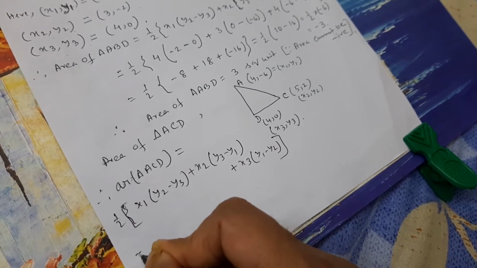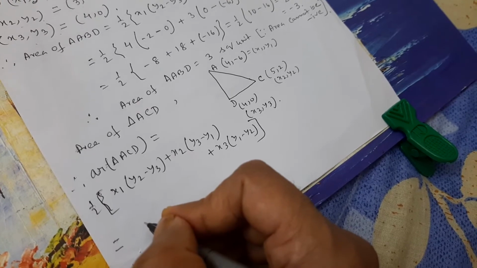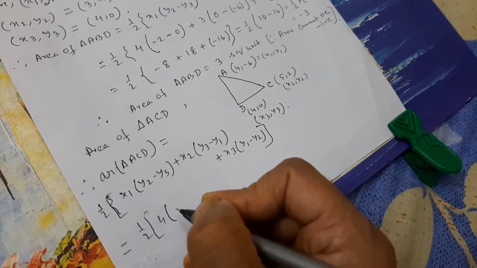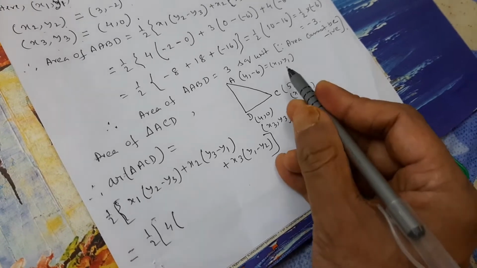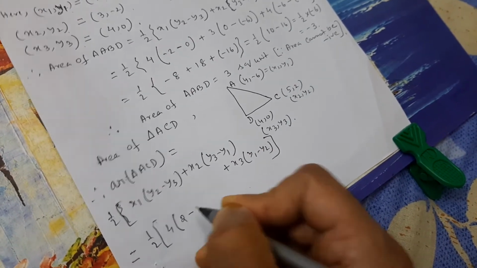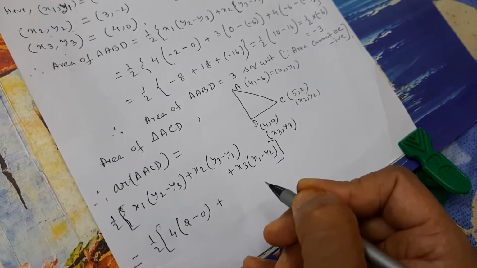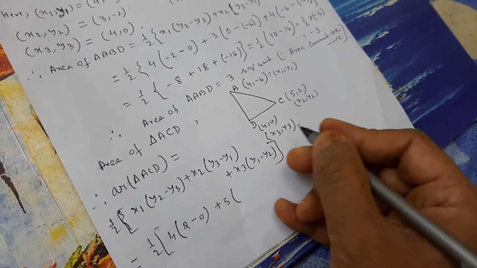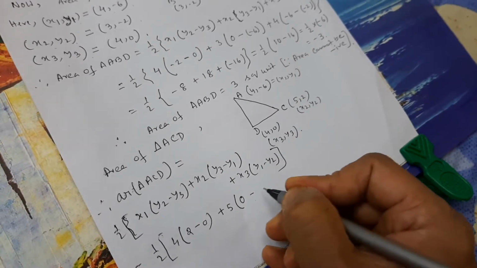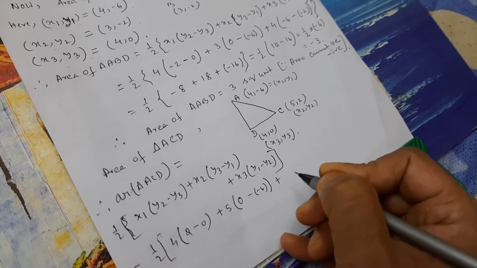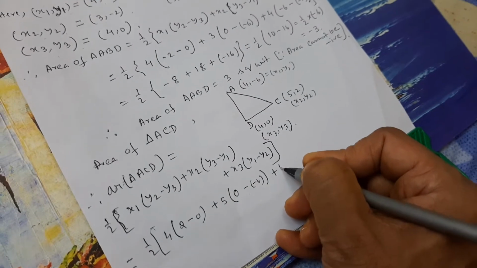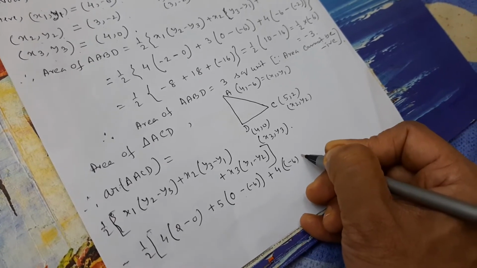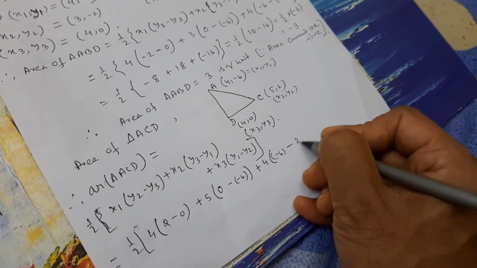Putting the values of x1, y1, x2, y2, x3, y3, we get x1 equal to 4, y2 is 2, y3 is 0, plus x2 is 5, y3 is 0, y1 is minus 6, plus x3 is 4, y1 is minus 6, minus y2 is 2.